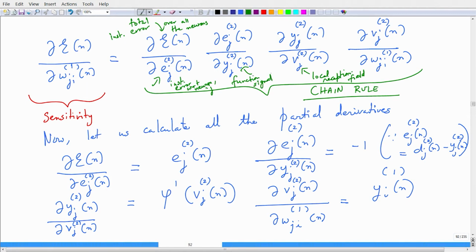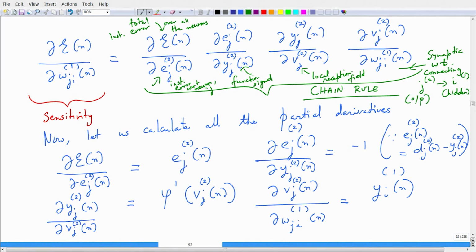So, you take the derivative of the function signal with respect to the local reception field and then the local reception field with respect to the synaptic weight connecting neuron j in the second layer to neuron i in the first layer or the hidden layer. So, this is hidden, this is output.